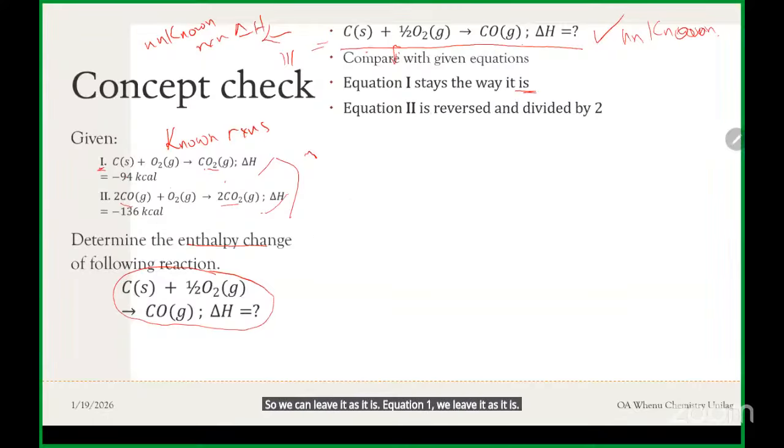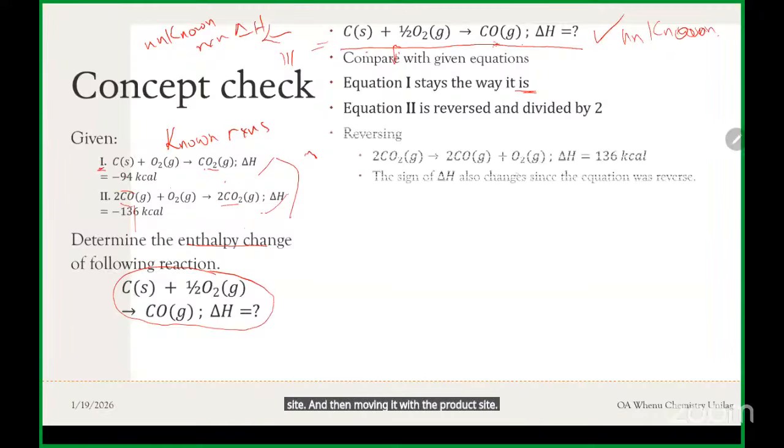Then equation 2, carbon monoxide is on the reactant side, and for the reaction we are trying to determine, it is on the product side. So we are going to move carbon monoxide to the product side, and in moving it to the product side, the delta H changes sign.